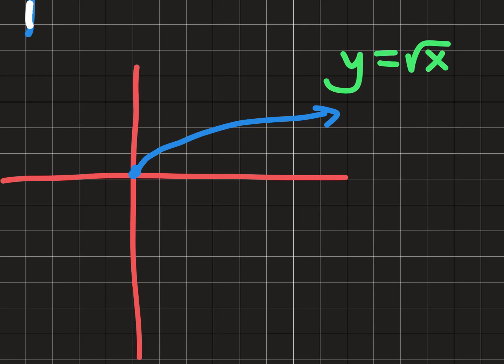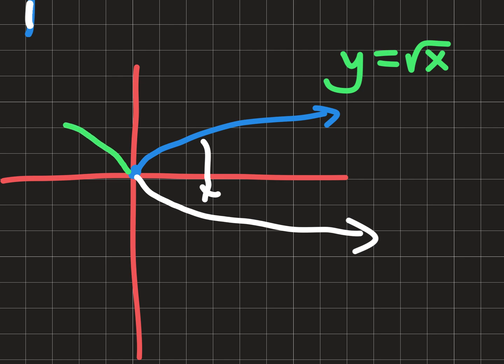Now, it would be quite different to flip it this way as compared to taking the blue function and flipping it that way. One of them was a horizontal reflection, and the other one's vertical. So which one's which?